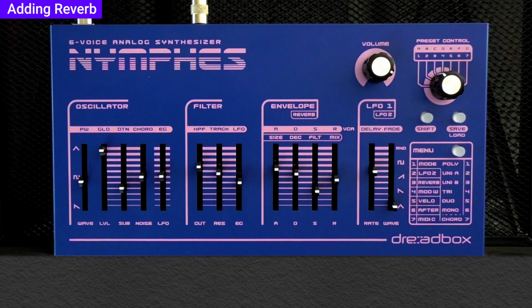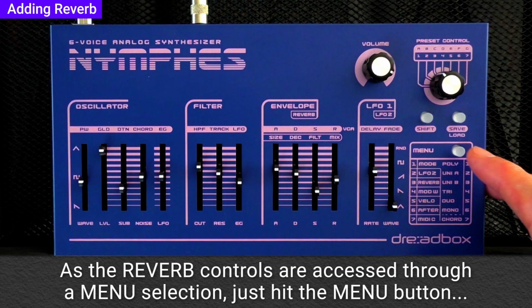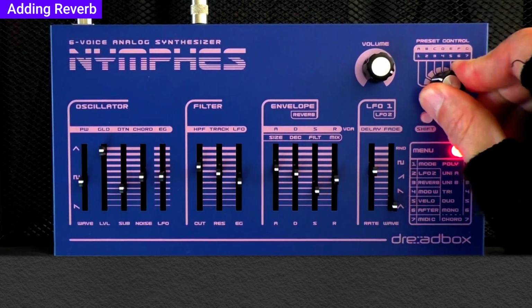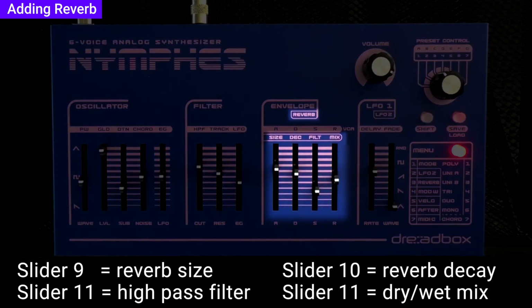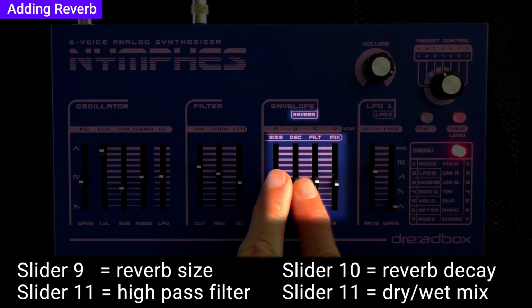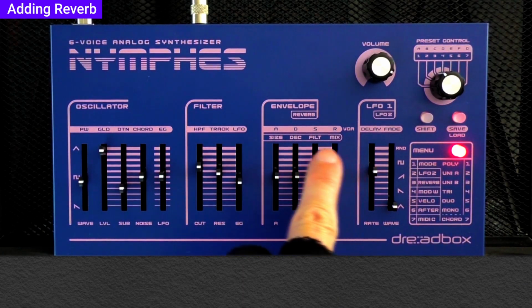Adding and adjusting the reverb settings for the NYMPHES is easily accomplished using the menu. So, press the menu button, which will remain lit. Turn the rotary selector to 3 for the reverb option on the menu. Adjust the reverb size, decay, filter, and mix using the corresponding size, decay, filter, and mix sliders.